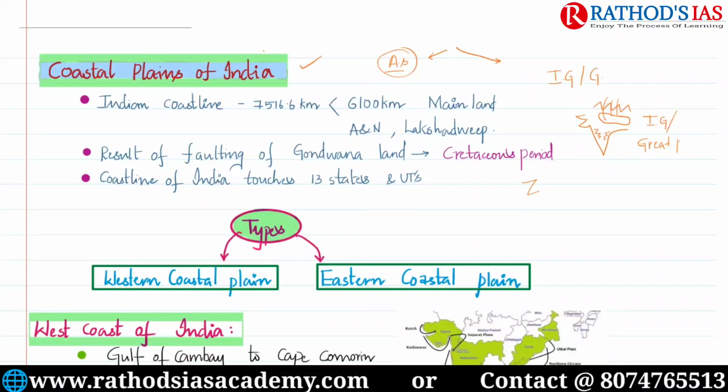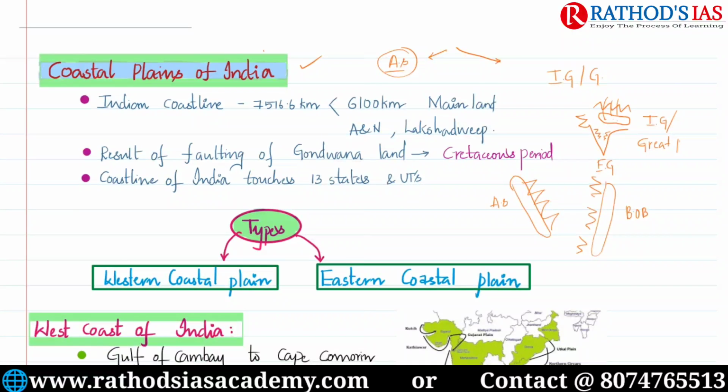Here this is our Western Ghats, and the area present between the Western Ghats and the Arabian Sea is called the West Coastal Plain. And here we have the Eastern Ghats. The area present between the Eastern Ghats and the Bay of Bengal forms our Eastern Coastal Plains.